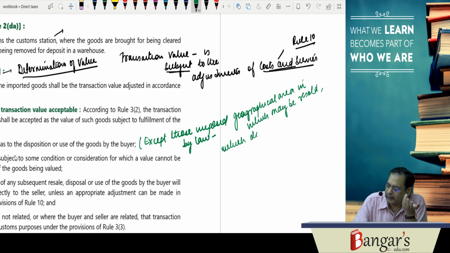Which do not affect the value of the goods.